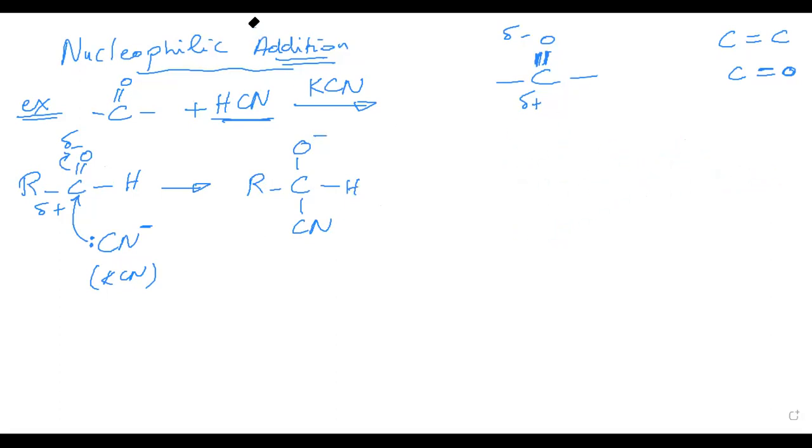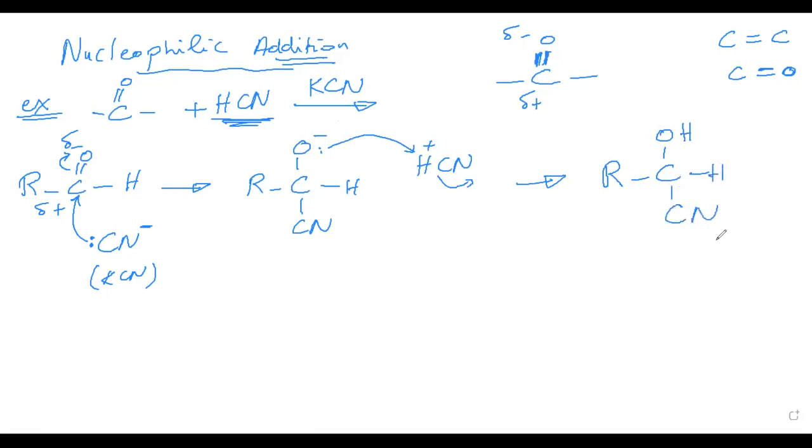And then comes the HCN, which is our reagent that we added at the beginning. So here comes the HCN, and there the oxygen will attack the positive hydrogen ion, removing the cyanide ion outside once more to produce the RCOH, and here we have an H, and here we have a cyanide group.